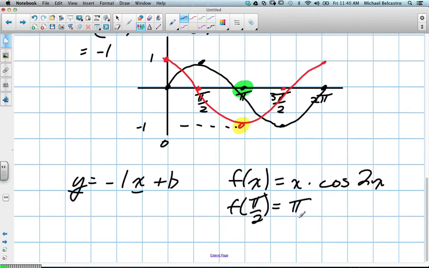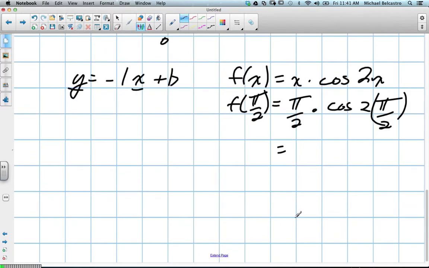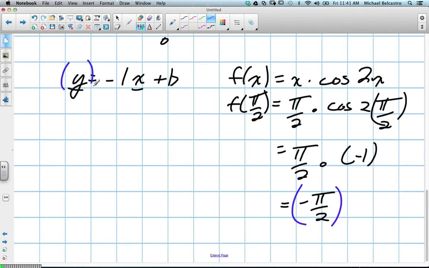So we get pi over 2 times cos 2 times pi over 2, which means we have pi over 2 times cos pi. We already solved that. It becomes a value of negative 1, which means our y value at this point is negative pi over 2.